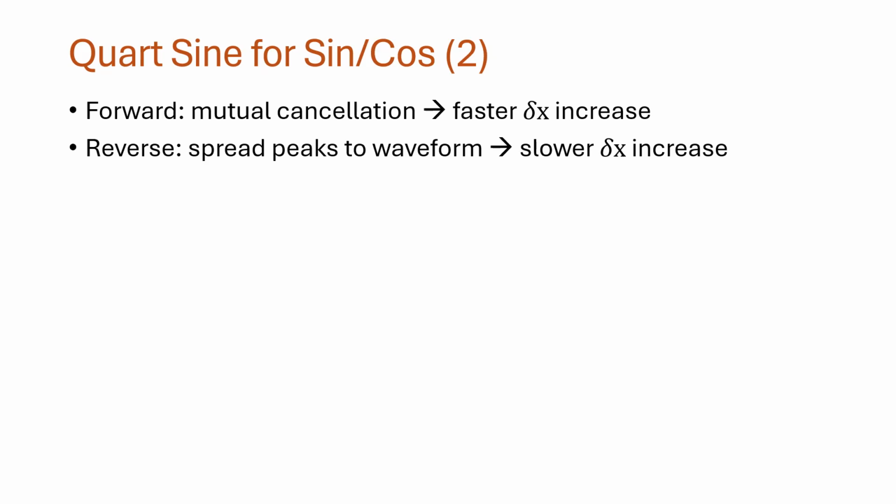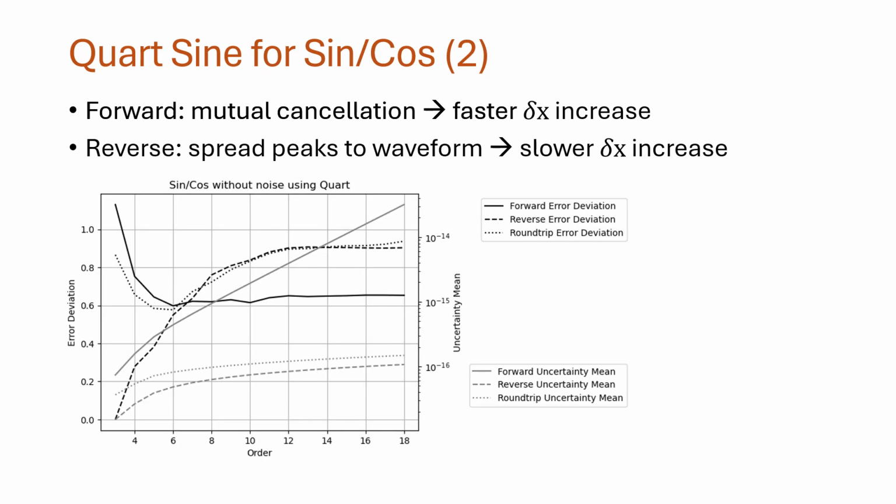So even though the two formulas for forward and reverse transformation look similar, because of data differences, we can see some differences. Here, without the noise, using the quartz signal, we plot the error deviation and uncertainty mean for different orders. You can see for the forward transformation, the uncertainty increases exponentially with FFT order, but for the reverse transformation, it's much slower.